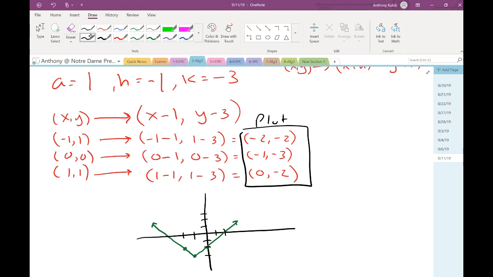We just need to be careful that we're reading the values of a, h, and k correctly. And we remember these key points, right? Will those key points be the same for all absolute value graphing problems? Yes. You'll use those same three key points each time.